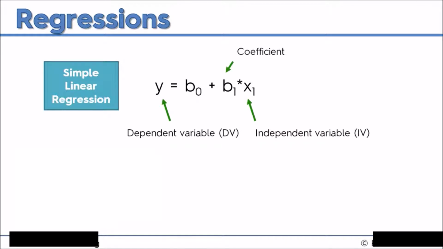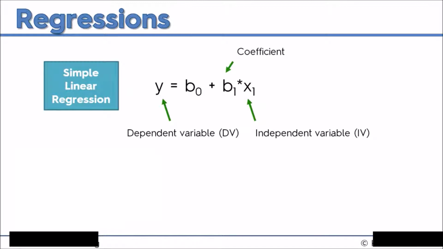Then b1 is the coefficient for the independent variable, and it says how a unit change in x1 affects y. Think of it as a translator, a multiplier, something like that, a connector between y and x1.